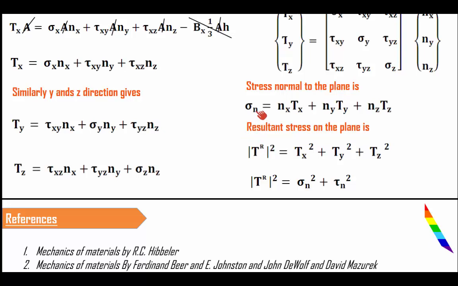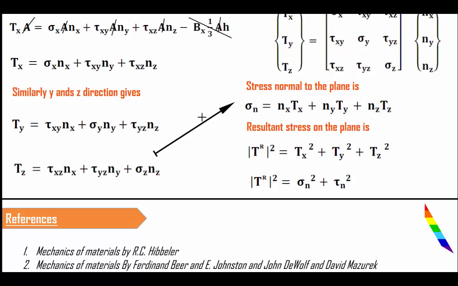And now we have to relate this normal stress, resultant stress and the shear stress. In order to understand that, we will do it like this. This is the normal stress acting on the plane that we have found here: sigma n is equal to nx tx plus ny ty plus nz tz.